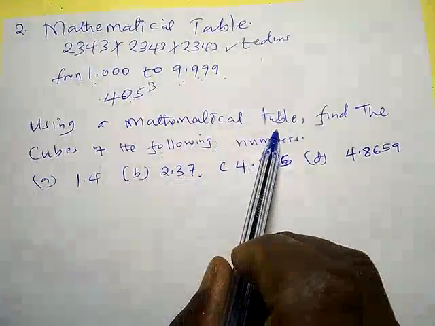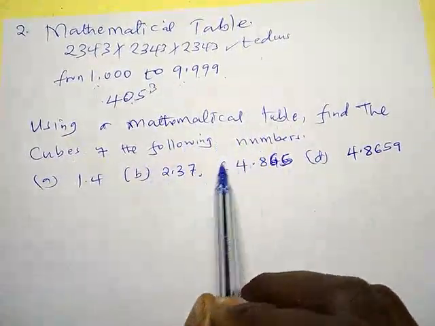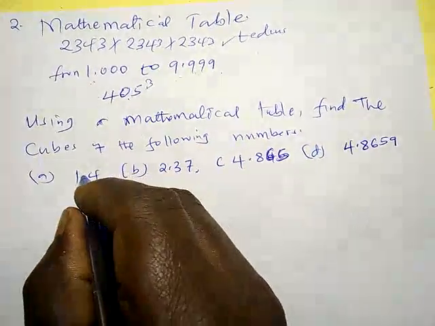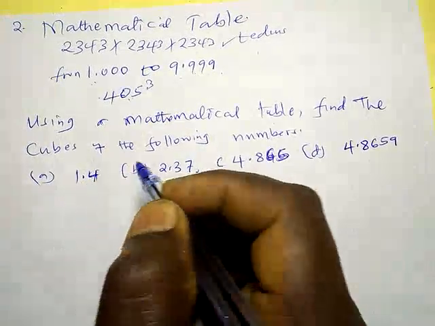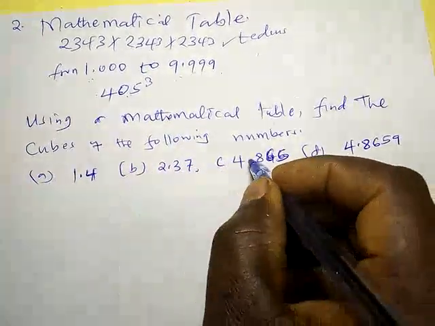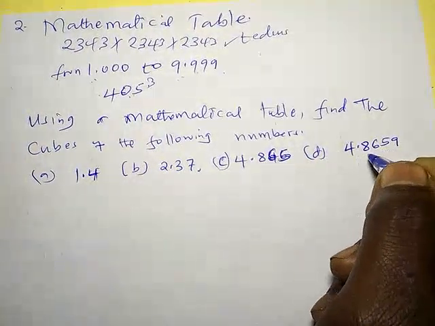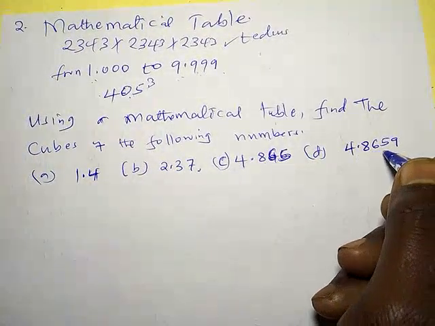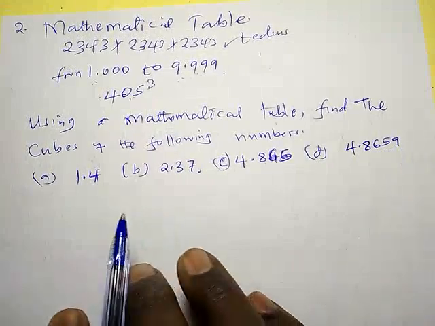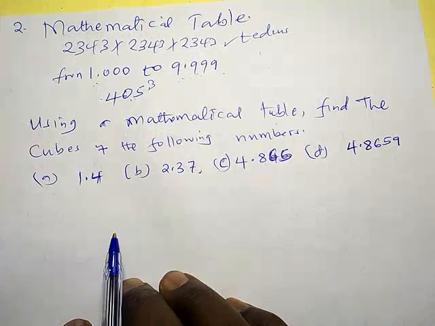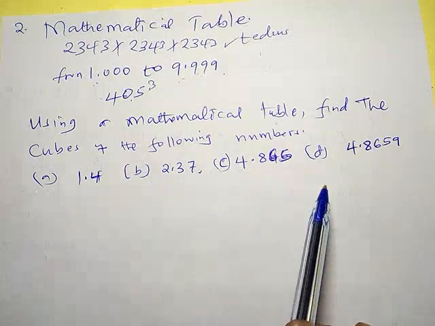Now, using a mathematical table, find the cubes of the following numbers. A is 1.4, B is 2.37, C is 4.865, and D is 4.8659. So we want to go to our four-figure mathematical table and find the cubes of these.